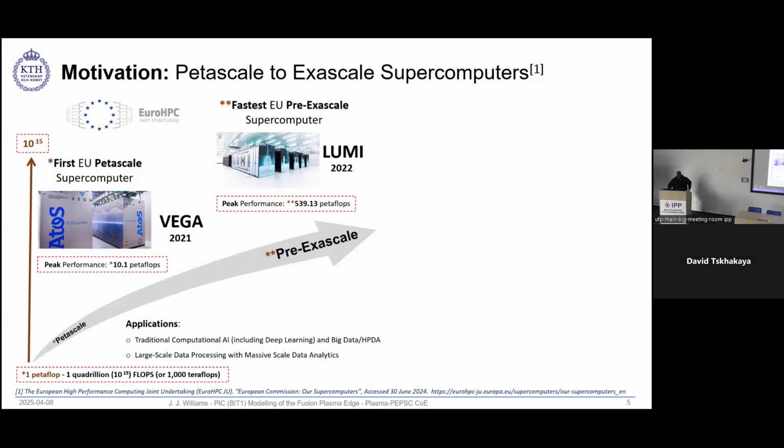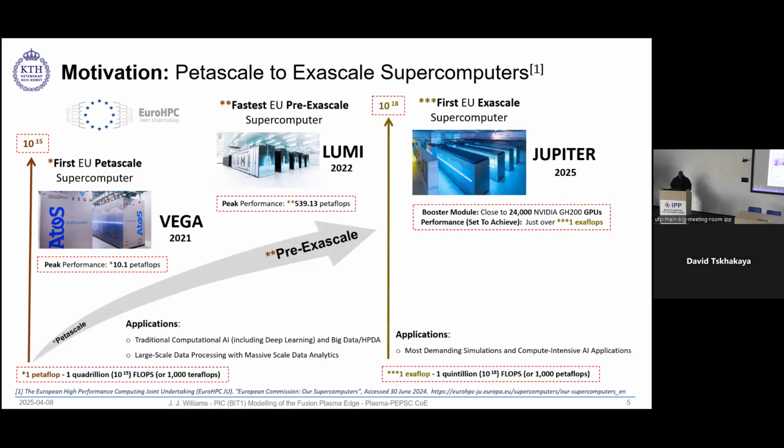There are lots of these supercomputers that you need to understand. And this was in 2021 and 2022, the fastest pre-exascale machine. And now we have JUPITER, which is the next step for BIT1, which we will be looking at later, running this code after doing all of this work with the work of myself and Stefan and everyone in the team. We want to run this on JUPITER.